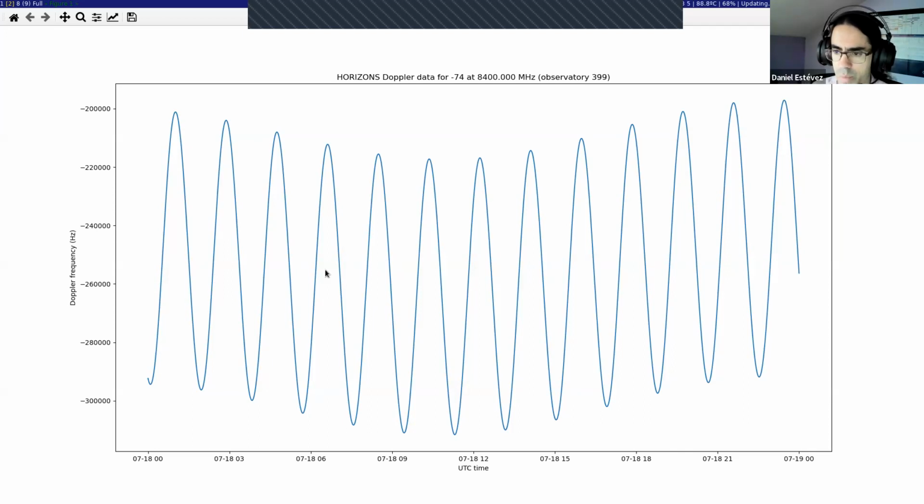So if you record some signals from Mars and you are not sure which spacecraft it is, one way to identify it is to record for a while, for a few hours, and then to try to match the Doppler drift you see on the signal in your observation with the Doppler curves you compute here.